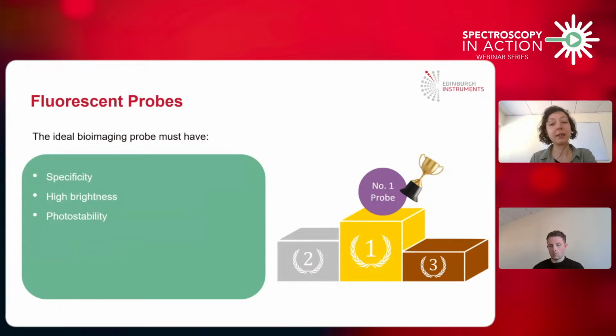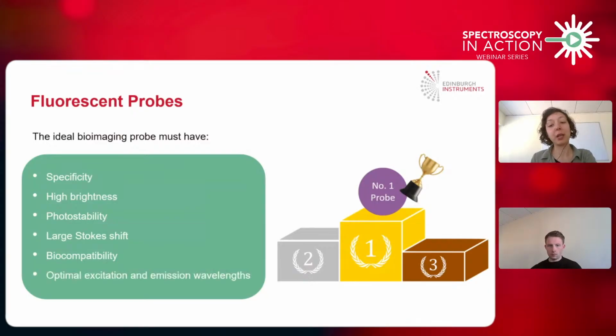Photostability, that means that it does not degrade after exposure to light. If your probe falls apart after a few seconds of illumination, then it's not a good probe. It must have a large Stokes shift. That means that excitation and emission wavelengths are far apart, so we can discriminate them in the microscope. It must be biocompatible, so it can image live cells without damaging them.